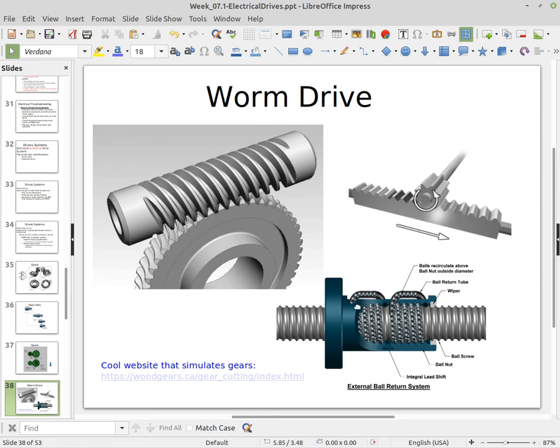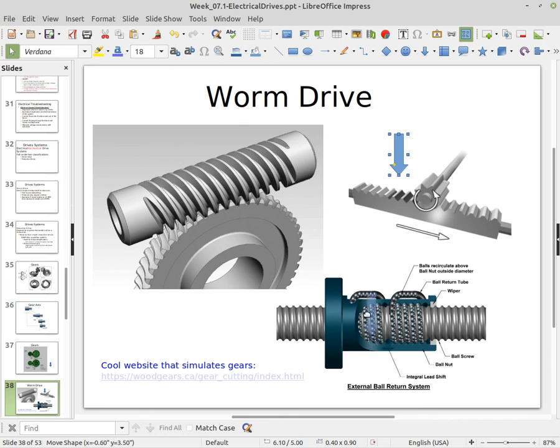There are also some examples showing how you can use that angular motion to drive linear motion using something like this rack and pinion here, or this system here with this external ball return system.